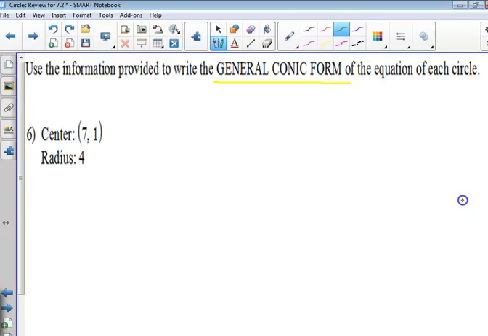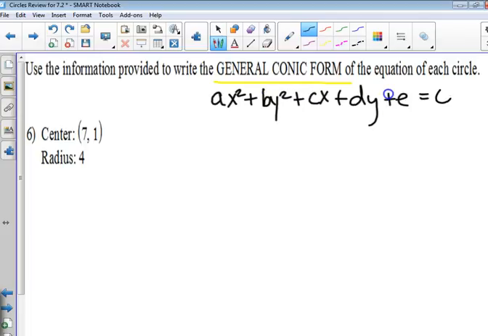Now we're going to talk about general conic form, and you're never going to have to do this in this direction. You're going to have to do it backwards. I want to do it once in this direction because it will remind you of why it works in the other direction. I'll explain that in a second. Right now, would you just write down general conic form: ax squared plus by squared plus cx plus dy plus e.